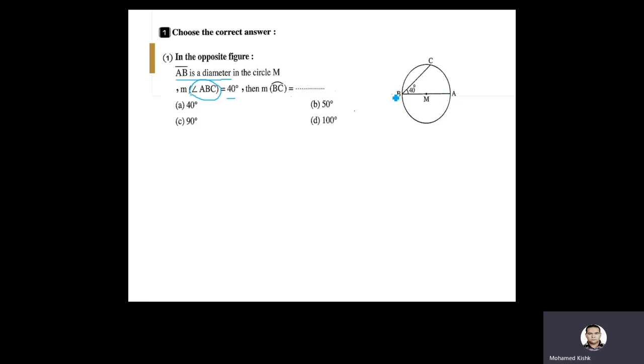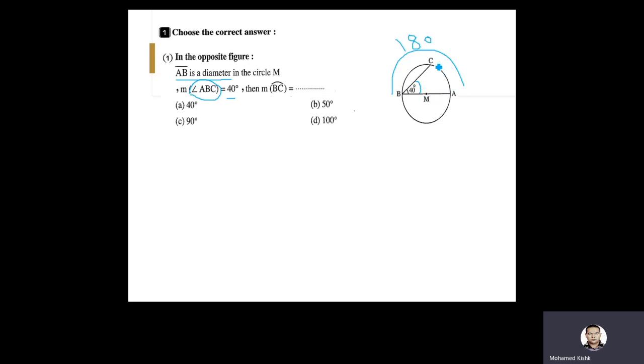AB is diameter. It means that the measure of arc ACB equals 180 degrees. And he told me that the measure of angle ABC, this angle, is 40 degrees. What does it mean?